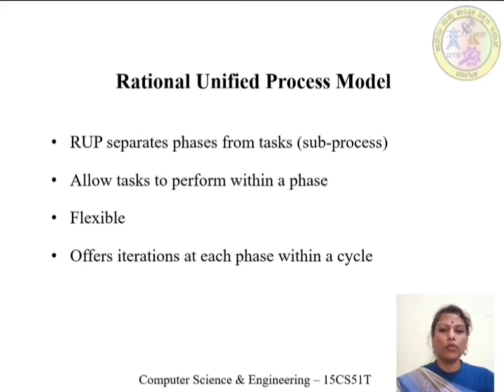Okay, and this RUP is very flexible because it allows requirement changes in each and every phase. RUP offers iteration of each phase within a cycle, that we have seen in a diagram. In each phase there was an iteration.